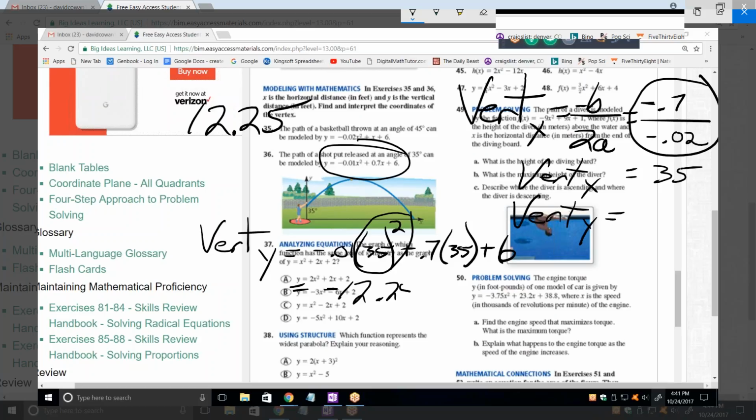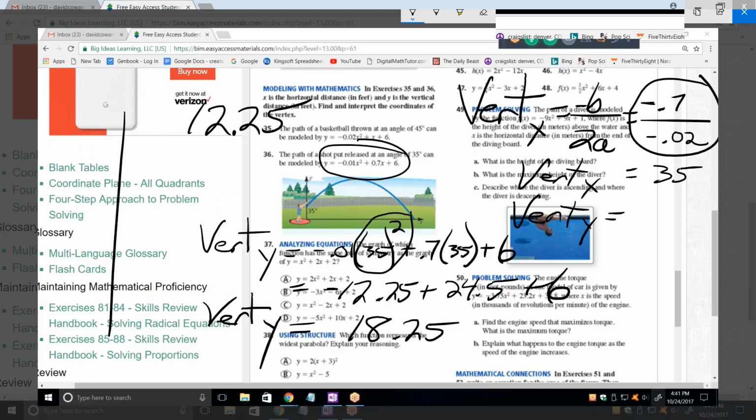Plus what's 0.7 times 35? 24.5. And finally, adding 6. We have negative 12.25 plus 24.5 plus 6, which must be 18.25. Yep. That is the y-coordinate of the vertex.